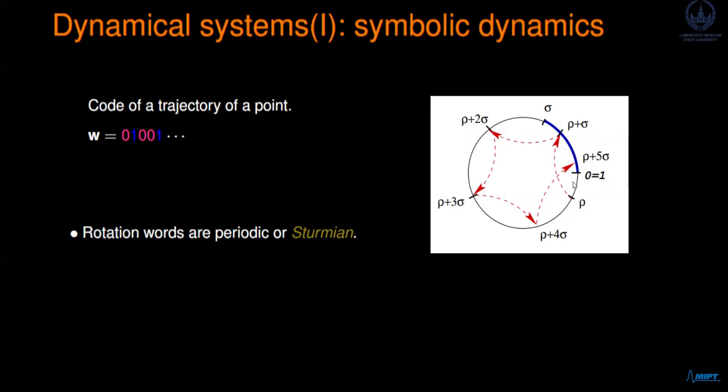So the trajectory of the point is mapped to a sequence. For example, you see here when we are in the blue part, you write 1, and when you are in the other part, you write 0. So this sequence, also called a rotation word, can either be periodic or Sturmian.